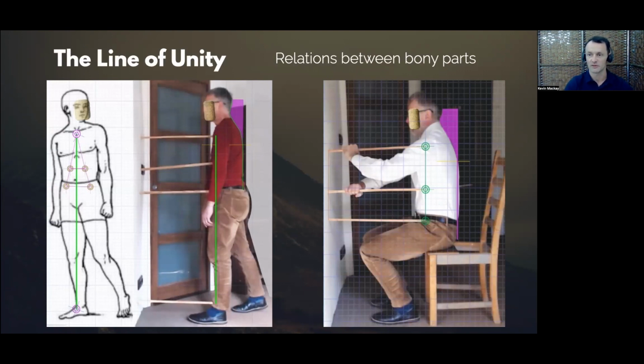Obviously, I'm teaching my own stuff also, but I wanted to show you pictures of some of the experiments he did, and you'll see both standing and sitting. He's used rulers to try and get those three spots in alignment. On the right, he's doing it sitting, and on the left, he's doing it standing.